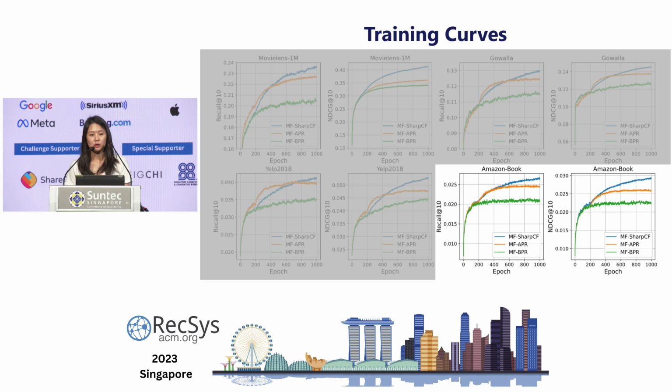So for example, as you can see at the bottom left, in the Amazon Book dataset, BPR achieves a maximum recall at 10 score of around, this is very small for you to see, 0.0207. And then it's further boosted to 0.0267 by training with the proposed solution. In short, this leads to a relative improvement of approximately 29%.